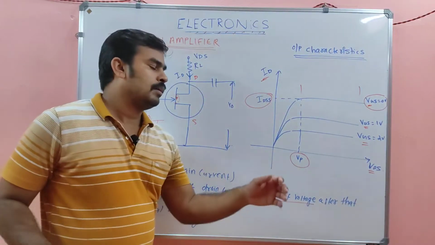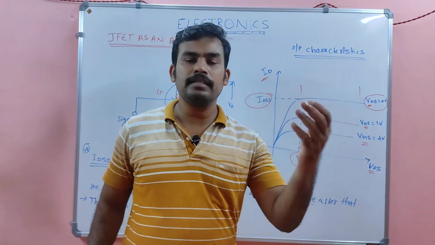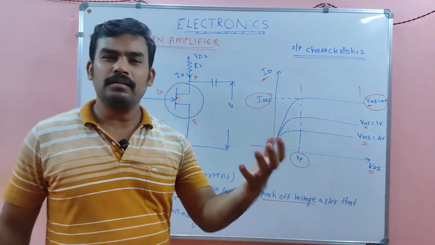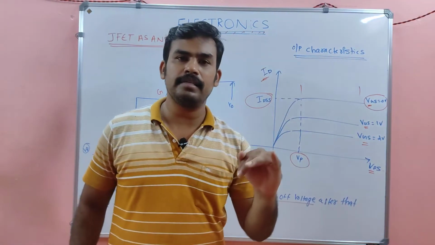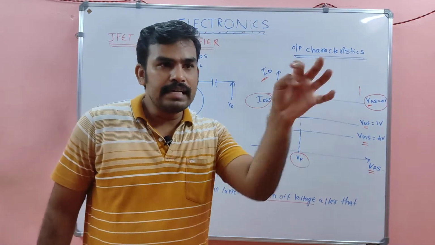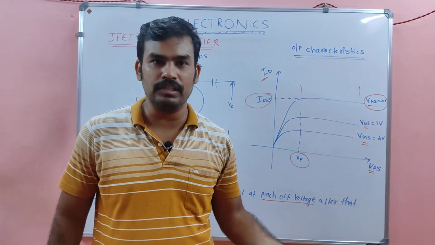Because, my dear, I will tell you what thermal runaway is. Due to some reason, the collector current is increased in a BJT. That increased collector current will increase the temperature of the collector region.